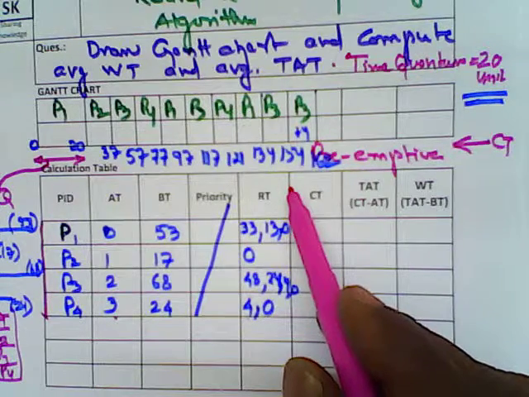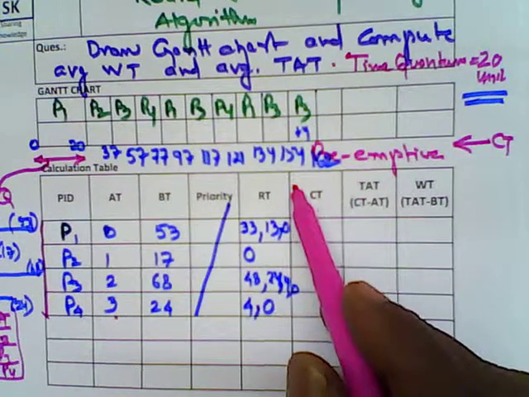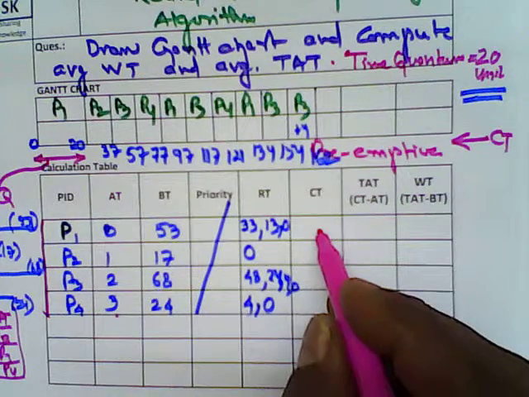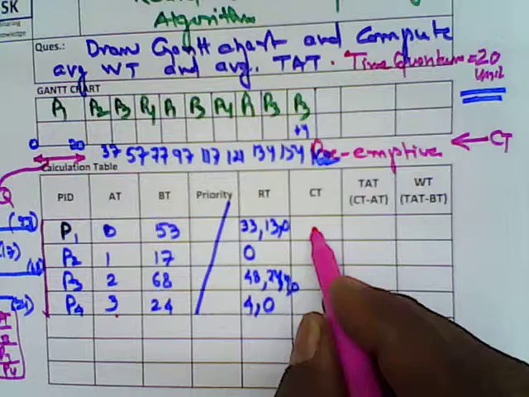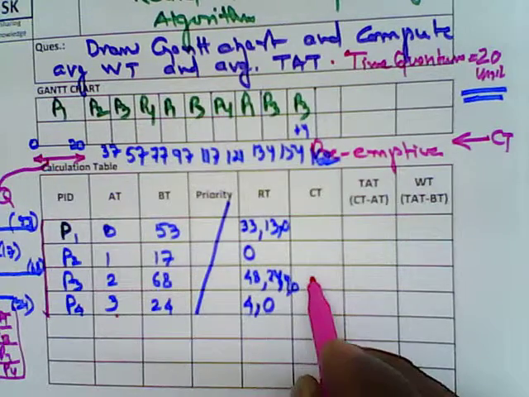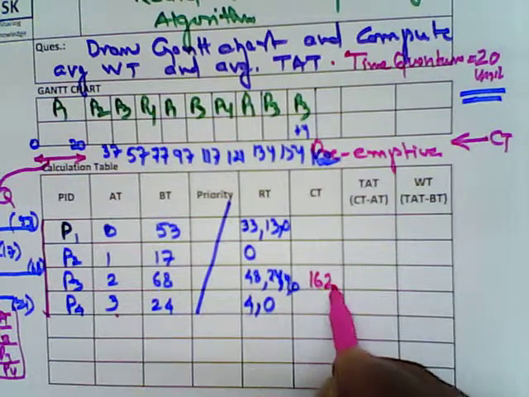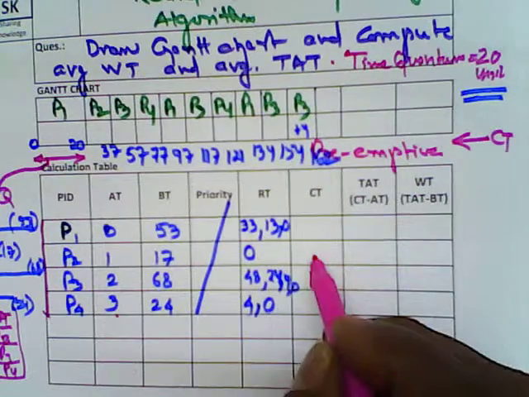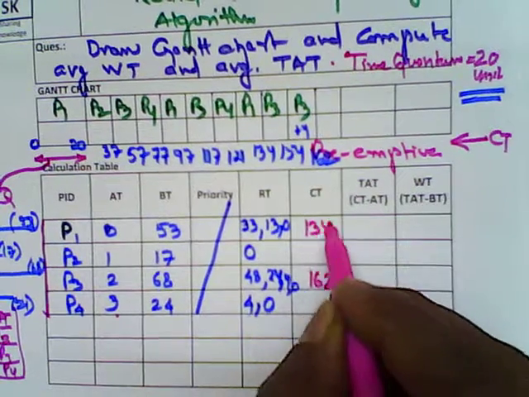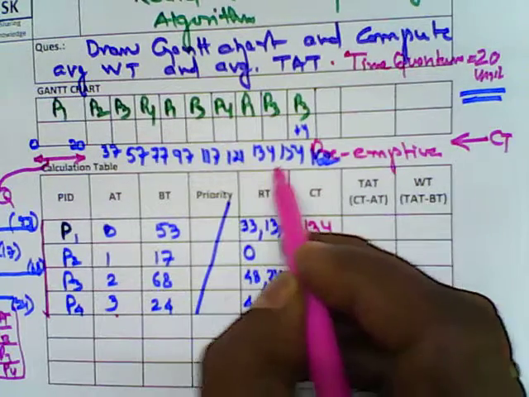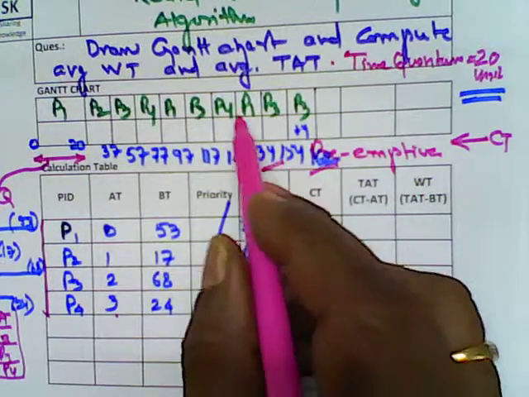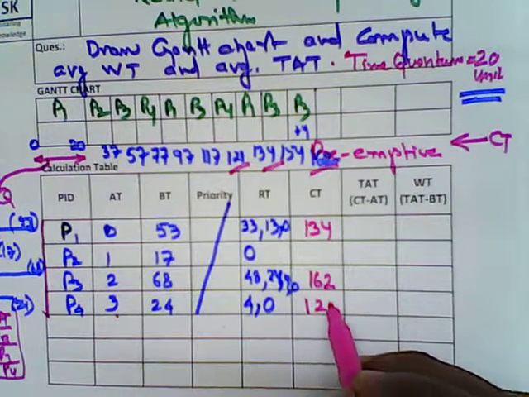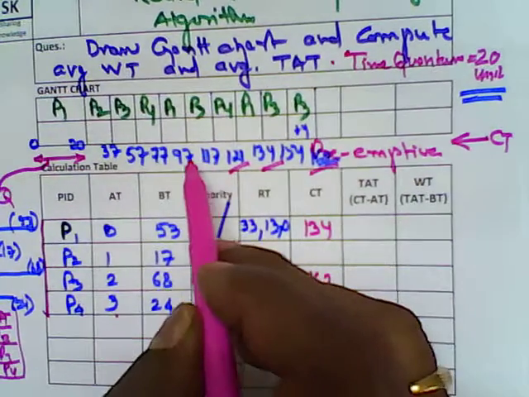So CT, if you try to see, this one is process P3 162, and then P3 we will ignore. Then P1 is how much? 134. Then P4 completion time is how much? It is 121. And then we go further, and we see that P2 completion time is at 37.